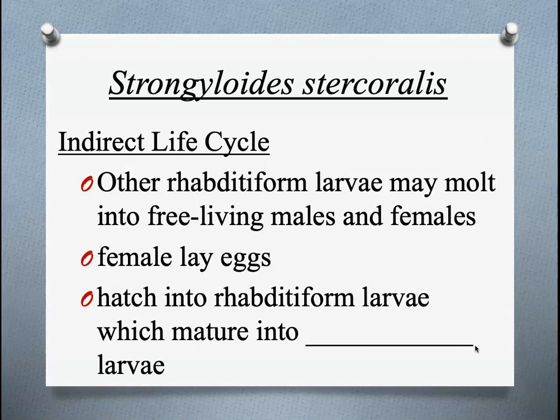Then they could mate, the female can lay eggs, eggs could hatch into rhabditiform larvae, which mature into filariform larva, and then filariform larva can go penetrate the skin of somebody else. So this is the free-living cycle where a rhabditiform larva can mature into an adult outside of a host. This is unique for Strongyloides.